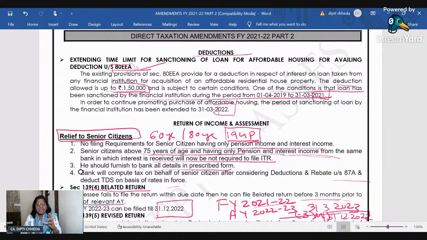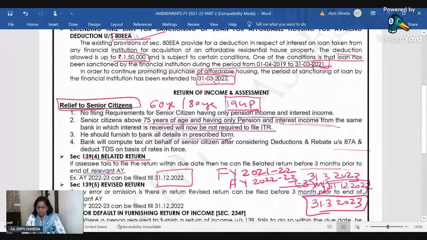These are small deductions but very, very relevant. Weightage wise, 80C, 80D, 80EEA, 80EEB and all. Okay, so this 80EEA, they have changed the date to 31st March 2022.